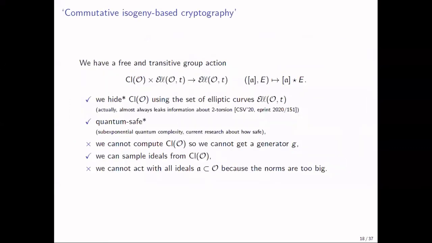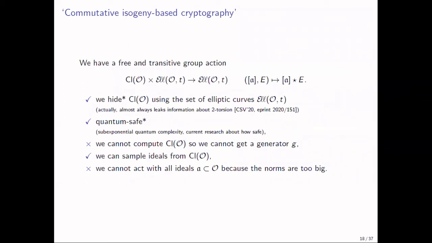And this is where commutative isogeny-based cryptography comes in, because I've just told you that from CM, we have a free and transitive group action of the class group of an order on the set of elliptic curves, just by taking an ideal class and an elliptic curve and producing another elliptic curve. And why is this so great?